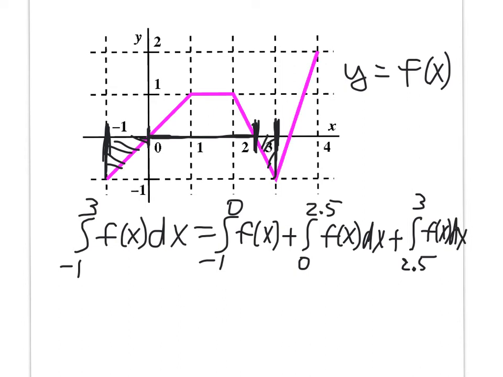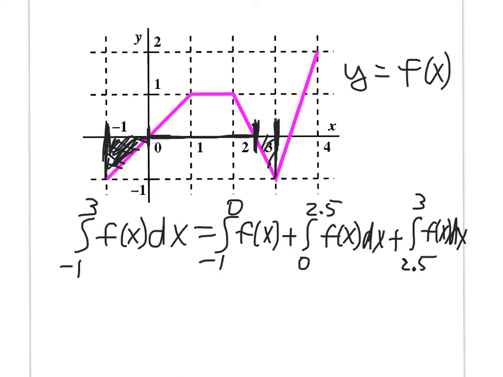To integrate this now, it really turns out to be find the area of each one of these regions and then apply the appropriate sign, whether it's positive or negative. So from -1 to 0, get my order correct here. The area of this triangle turns out to be what?